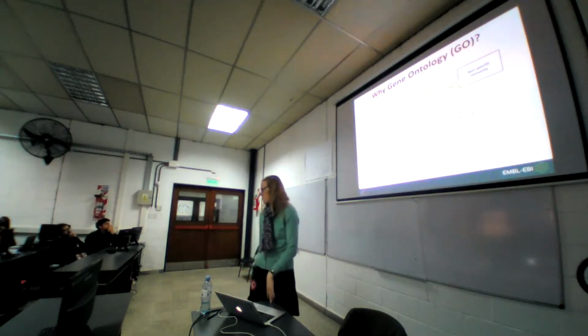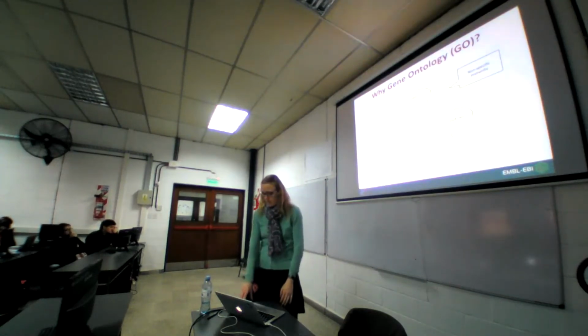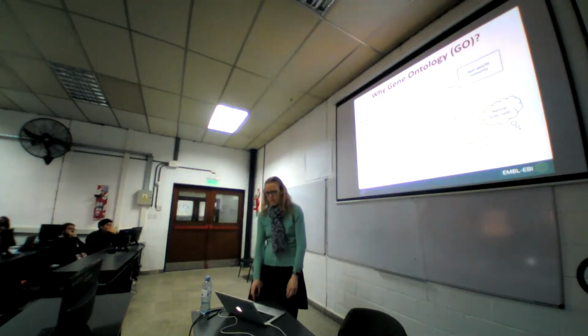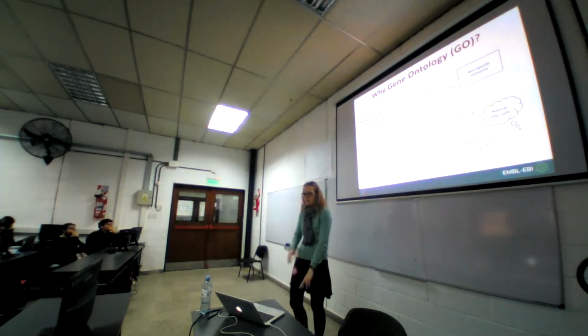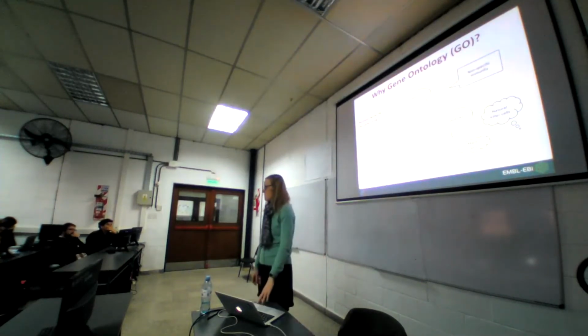The next person says, I work on cytokines, and so on. There are 2 problems here. One is that people use multiple terms to describe the same function, and the other one is that the gene descriptions tend to be very specific.